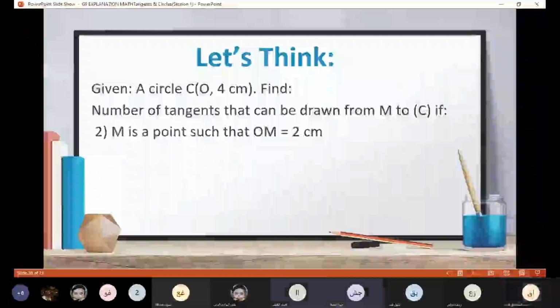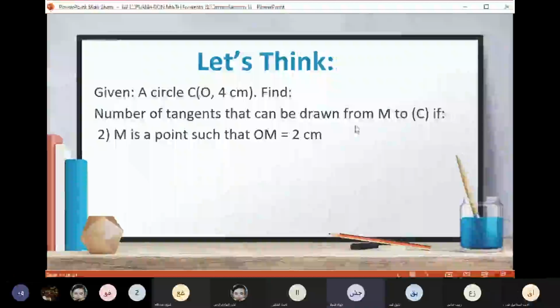Given a circle C of center O and radius 4 centimeters. Find the number of tangents that can be drawn from M to C, if M is a point such that OM equals 2 centimeters.